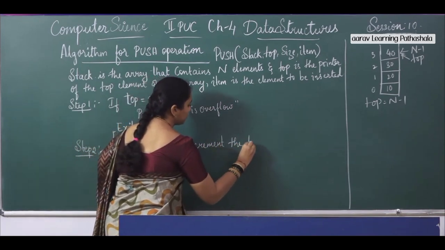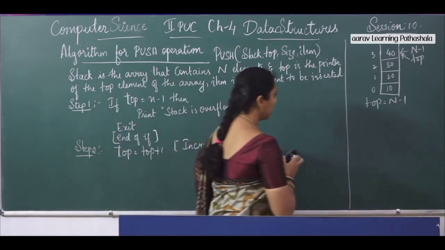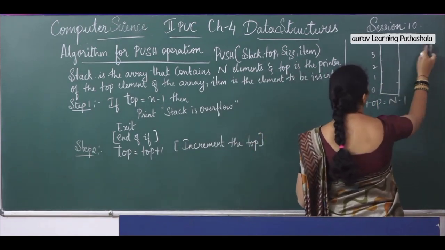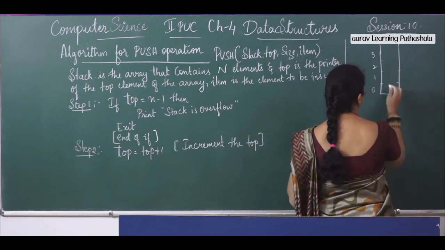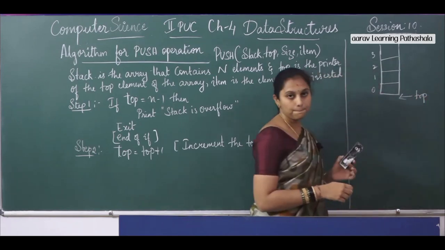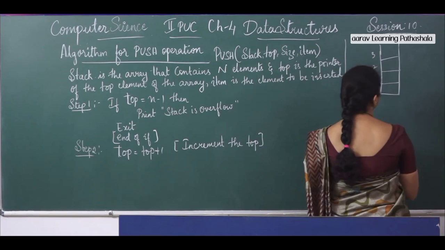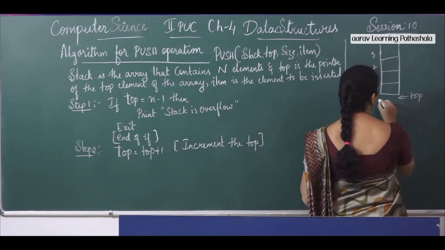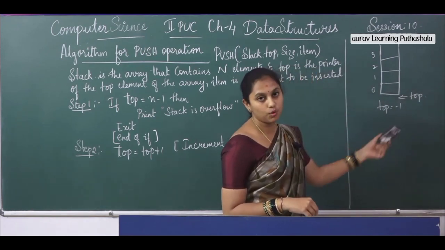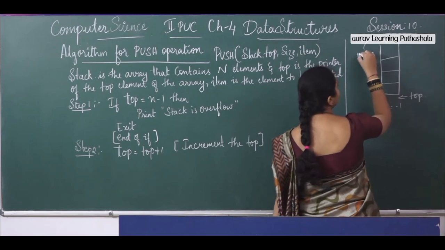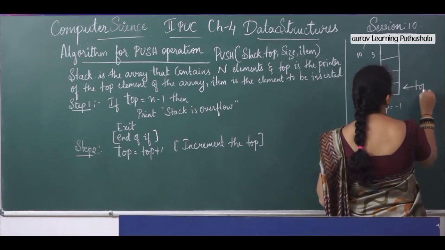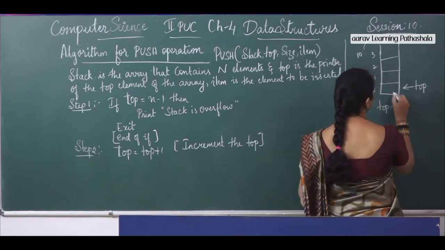See here, if the top is -1, that is in underflow state, then we can insert an item into the stack by incrementing the top. So now the top becomes 0.